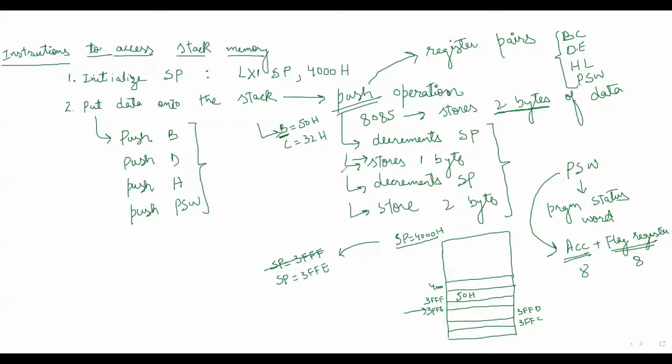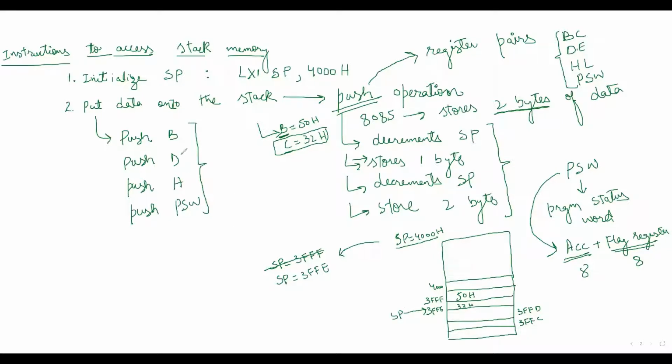So what is the second byte? It will store C. Okay, so now we will store this register value in this location. So what we are going to store? 32H. Okay, and this is where my stack pointer is pointing.